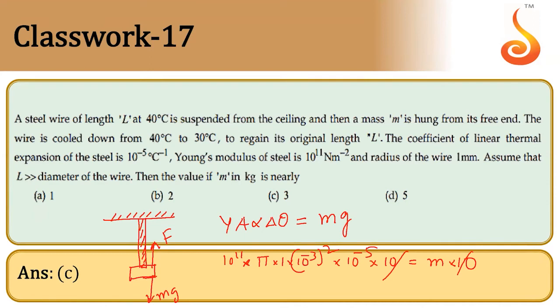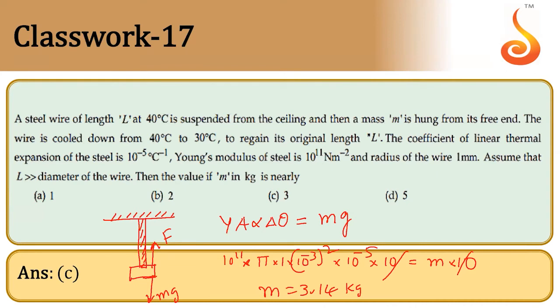3.14. Okay, nearly 3. Then what is the best option? Best choice? 3. Yeah, 3.14 you are getting. That means everything will go and pi is remaining. Pi will be remaining. So it is 3.14 kg, which is nearly 3. The best choice, the right choice is 3.